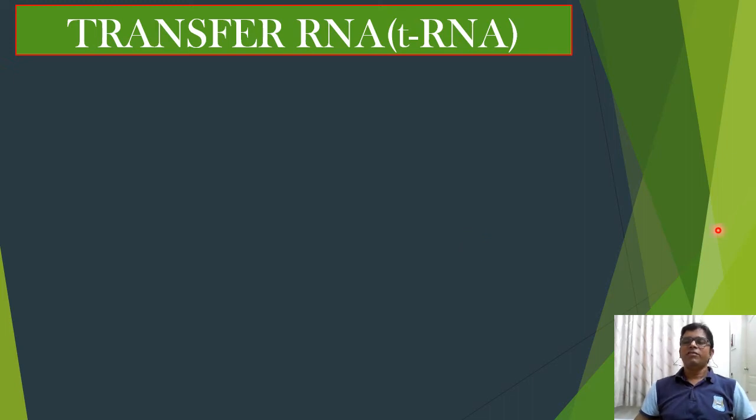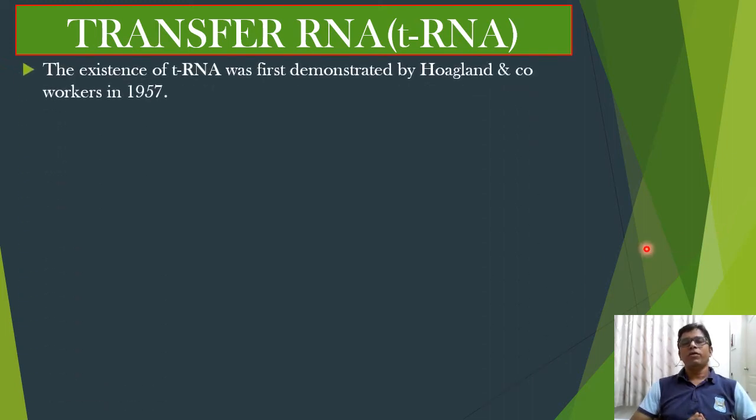The presence of the tRNA molecule in the cell was first demonstrated by Hoagland and his co-workers in the year 1957.